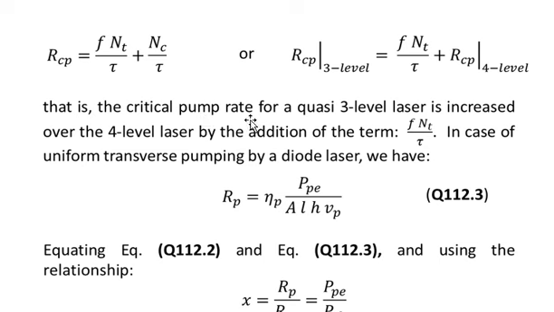That is, the critical pump rate for a quasi 3-level laser is increased over the 4-level laser system by the addition of the term F times Nt over tau.